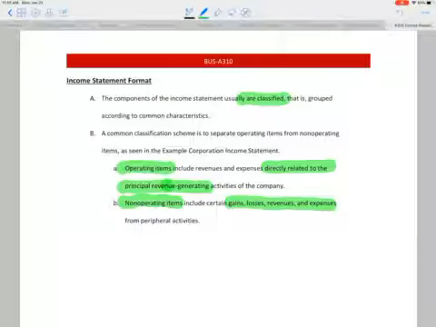If we found that we had some excess capacity in our manufacturing building, and we decided that we were going to rent out some space to somebody else, so we let another company come in and manufacture something else utilizing that space, then that would be considered a non-operating item because it's not really part of what we normally do. And so the rent revenue that's generated from renting out our excess capacity would be listed separately from operating items in a section below that for non-operating items.